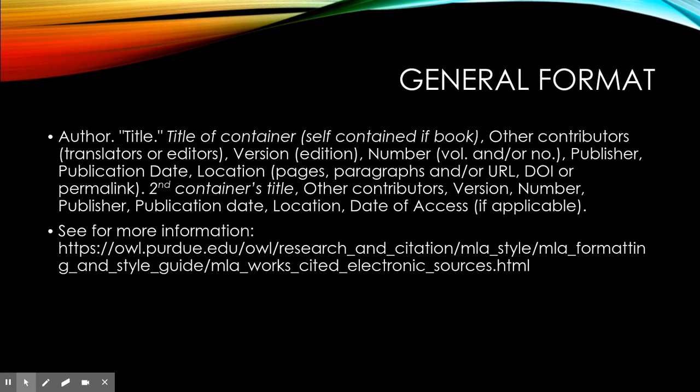Sometimes it may not have other contributors like translators or editors. Sometimes there's not a version. Sometimes there's not a specific second container. That's the location of it. So there are all kinds of these things that it's not necessarily going to have.